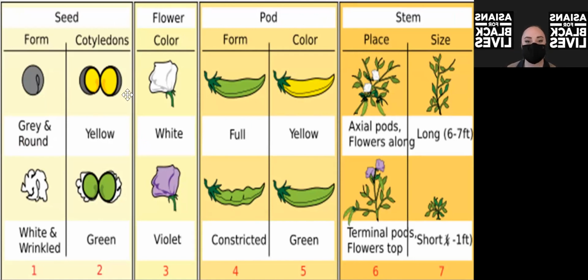Everything from the shape and texture of the seeds, the color of the inside versus the outside of the seeds, the colors of the flowers, where the different flowers and leaves were located along the stem of the plant, the shape of the pods, the color of the pods, how tall or short the plants were, all genetically unique characteristics. And so it allowed him to really study a wide variety of details just by growing peas.